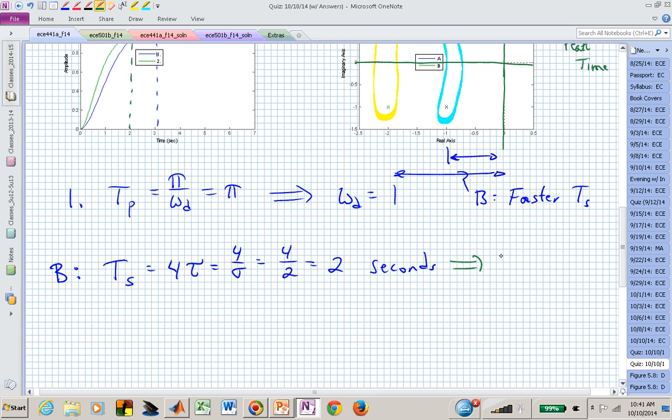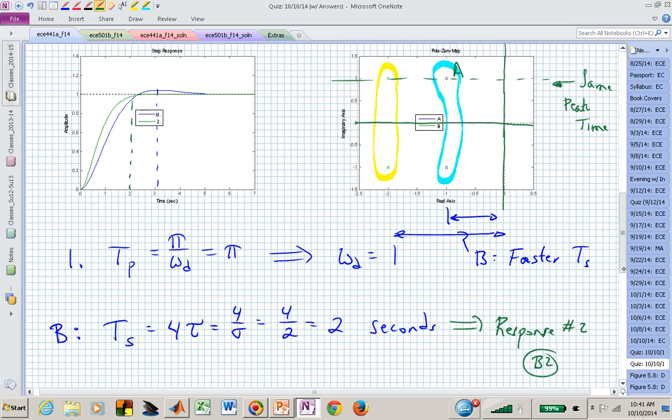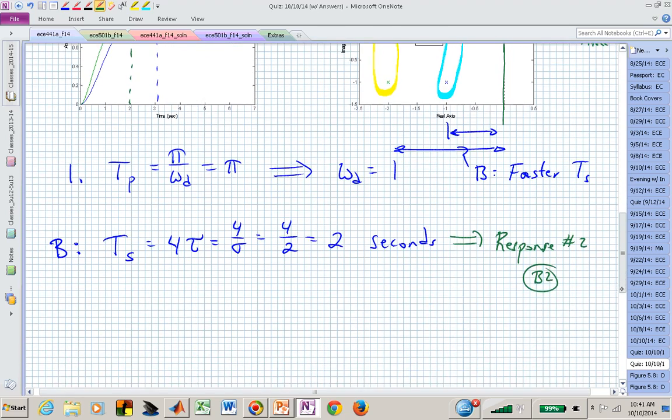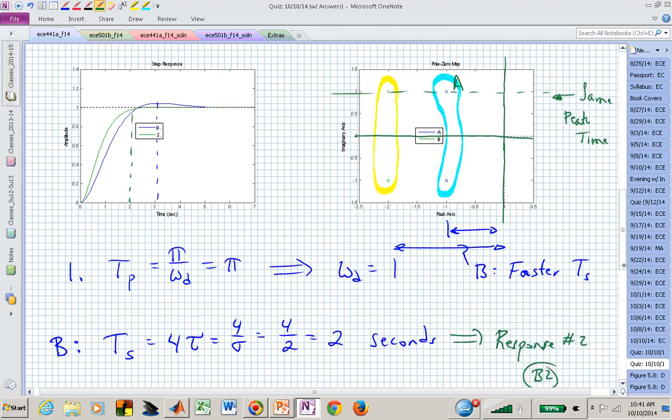So this says that B2 is how we would match up the poles with the response. If we looked at these two poles, we know the peak time can't differentiate between those. We have found a way to differentiate between them using the settling time.